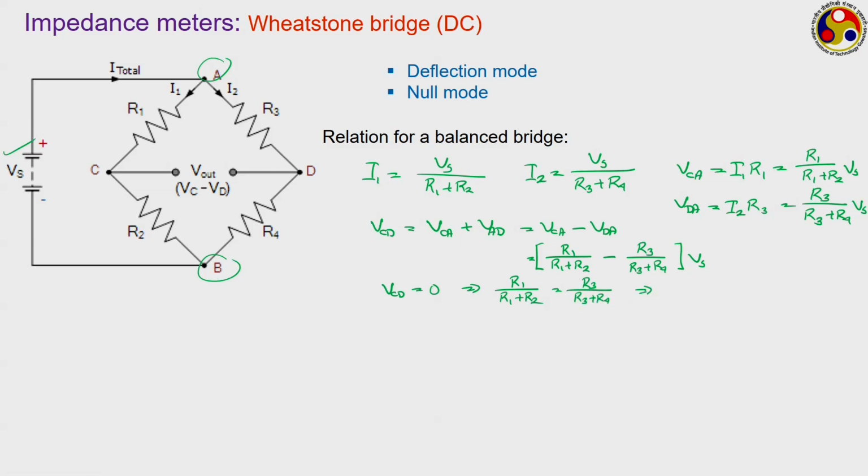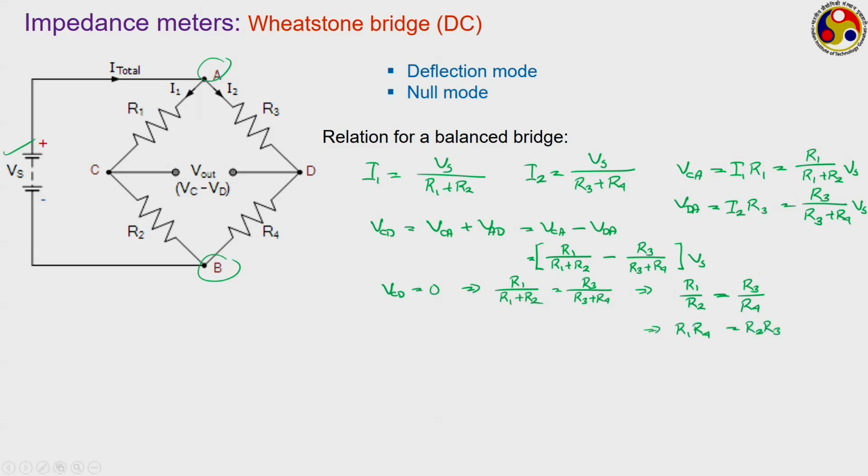If we apply suitable mathematical operations on this, it will become R1 upon R2 is equal to R3 upon R4, or generally it is written this way: R1 R4 is equal to R2 R3.